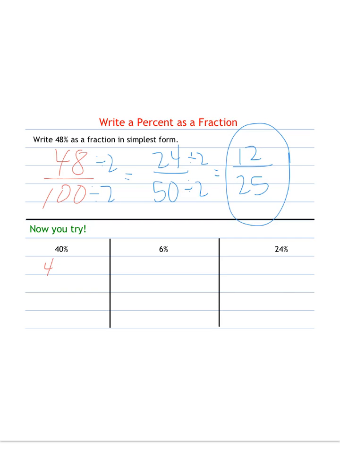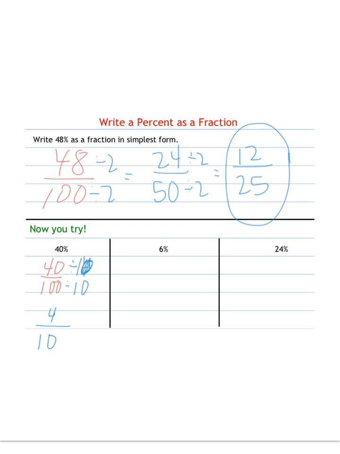40%, we know that we can drop the percent sign and write it over 100. I know that both of these can be divided by 10. 40 divided by 10 is 4. 100 divided by 10 is 10.